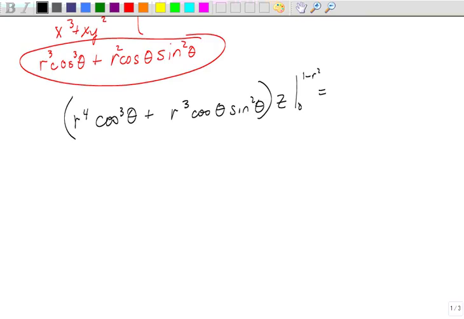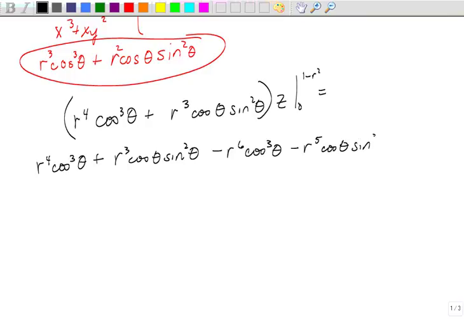Well, that's going to be that times 1 minus r squared, so it's going to be r to the 4th cosine cubed. And then when z is 0, it's 0. Okay, then I integrate that with respect to r.